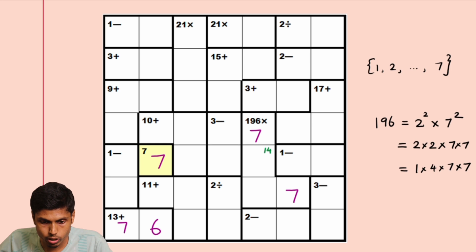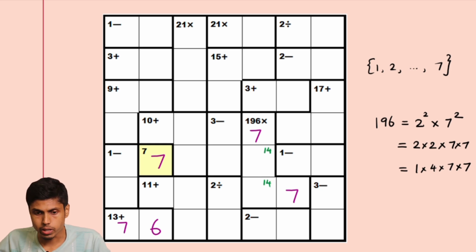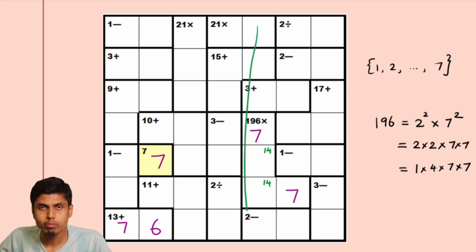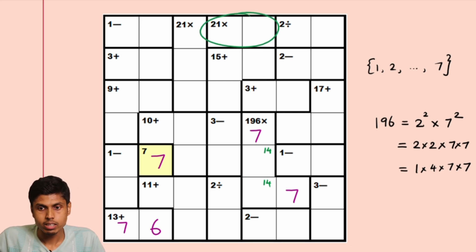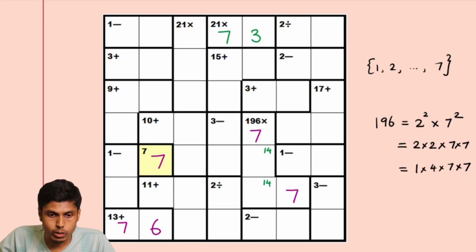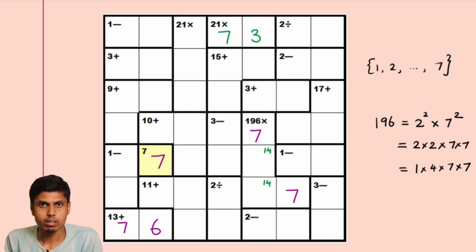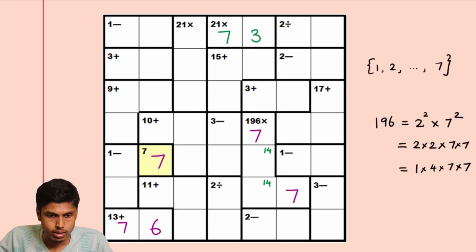So I have 1, 4 and 1, 4. By the way, this column is already filled up with 7. I cannot repeat, so you should avoid 7 here. And for 21 we need 7, right? So therefore I include 7 here and 3 here. Again, 21 is formed by 7 and 3. The remaining cell is just 1 because you cannot have any other prime. So 1 should be filled here.